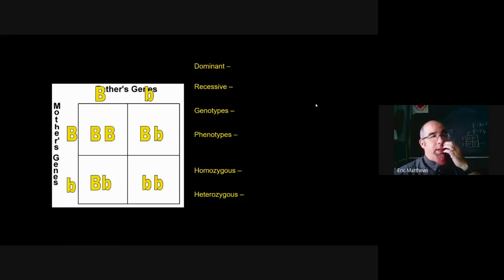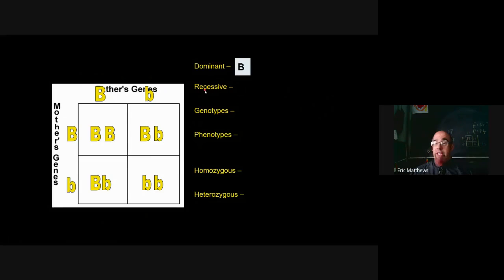So we're going to start with the beginning, dominant. In this Punnett square, what is the dominant allele? Capital B. Remember, dominance will always be shown as a capital letter to show that nature they have of overpowering other things.